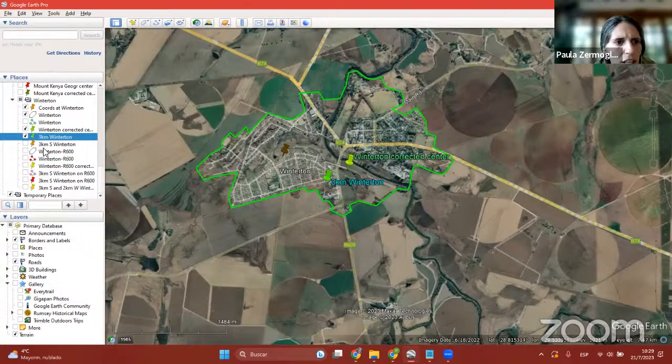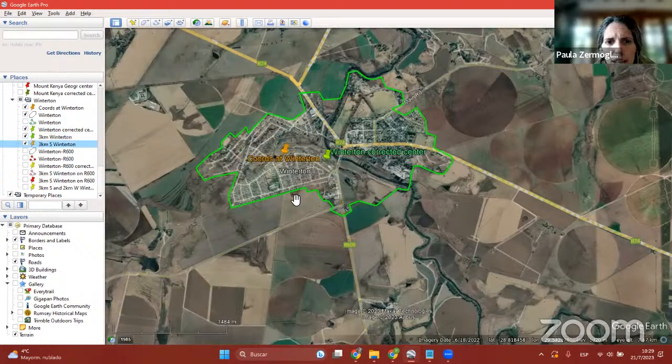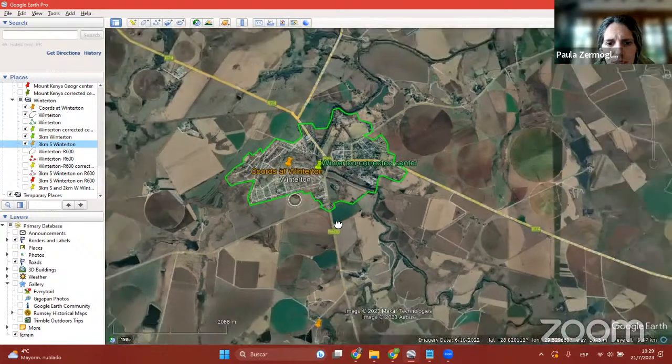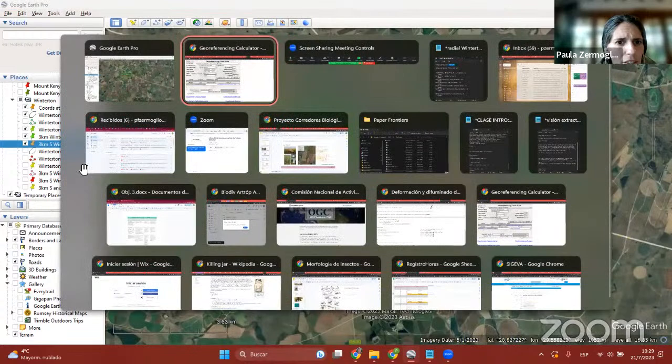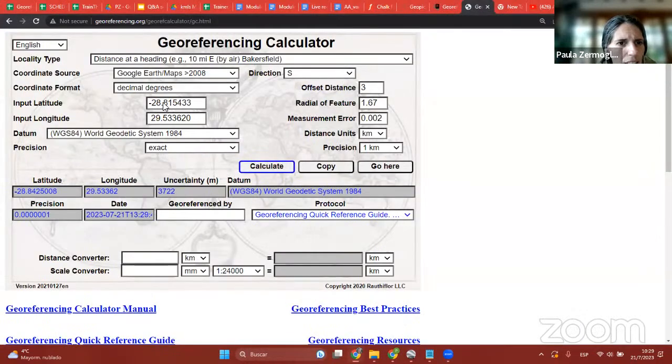And now we can plot the 3 kilometers south and see that the coordinates of that point are really in the south. These are taken from the calculator, and then you see here, when we calculate it, these coordinates are different. The longitude is the same because we're moving straight south. So the longitude is the same, but we're moving in latitude to the south.